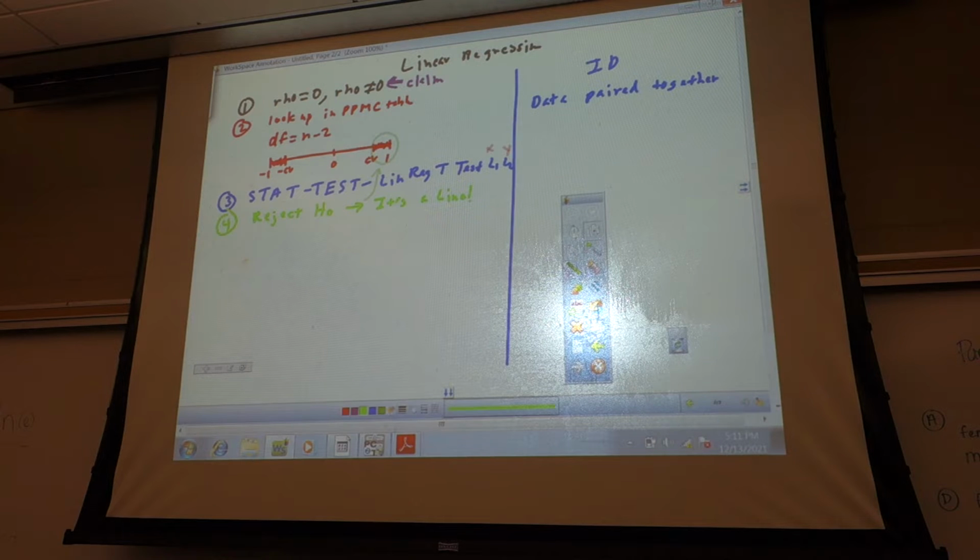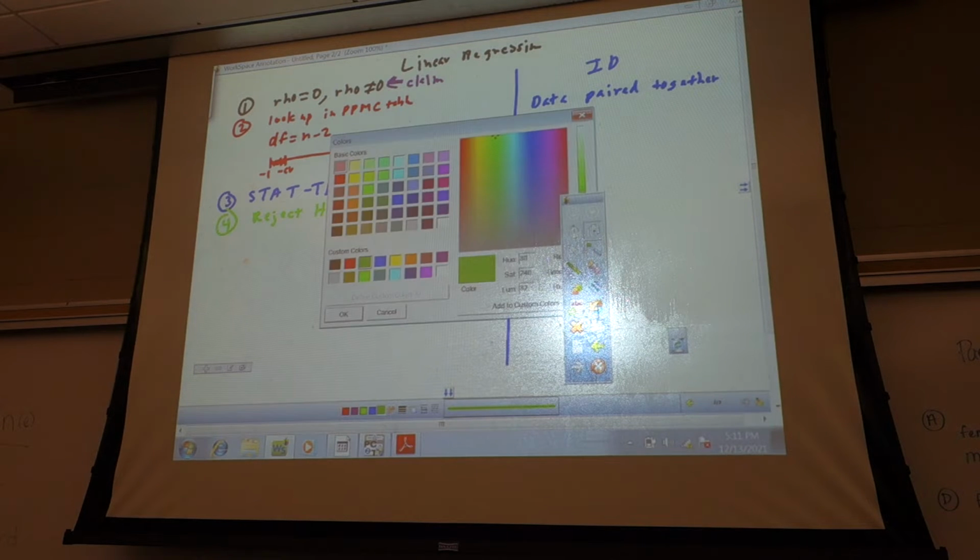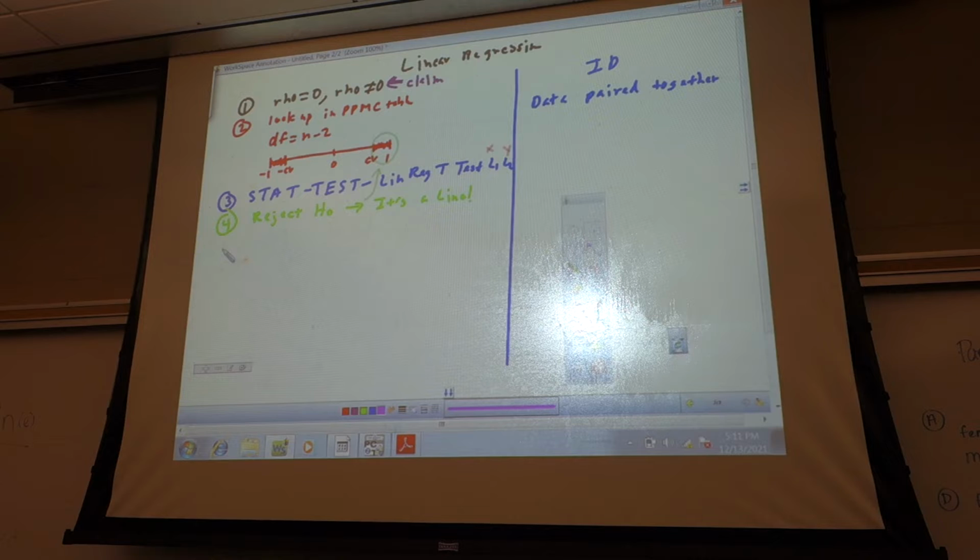And then how about step 5? I should change the other green to something else. Pink? Sure. All right, so step 5. Either you do or do not have evidence to support the claim of correlation between blank and blank, whatever your X and Y are.